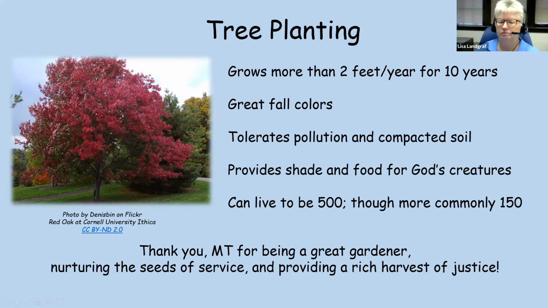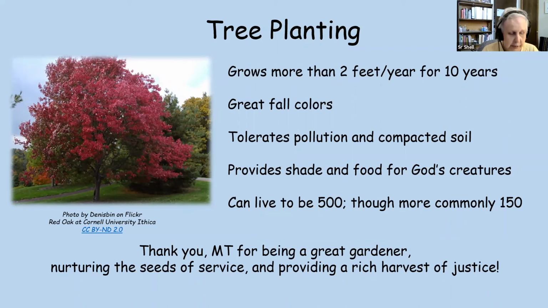But what a fitting symbol, both of Marie-Therese and the Common Venture program. You know, just some of the facts about red oaks. It grows more than 2 feet a year for 10 years. It has great fall colors that offers us beauty. It tolerates pollution and compacted soil, provides shade and food for God's creatures.